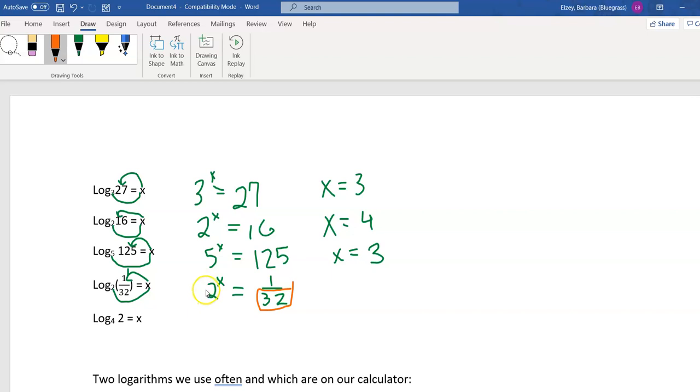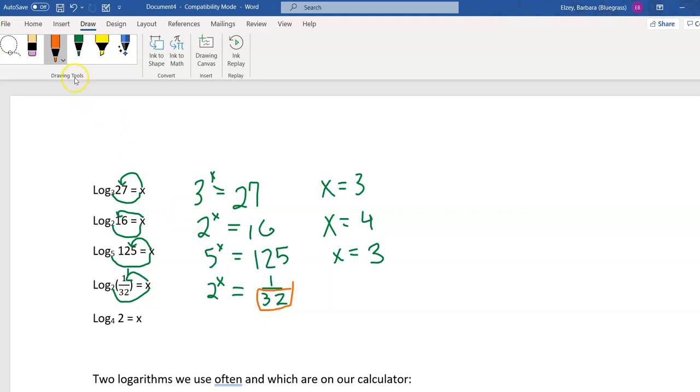Let's pretend for the moment that it's 2 to the x equals 32, and let's see what we would have if it was just 32 and not 1 over 32. Well, 2 times 2 is 4, times 2 again is 8, times 2 again is 16, times 2 again is 32. So it would take 2 to the 5th power to get 32.